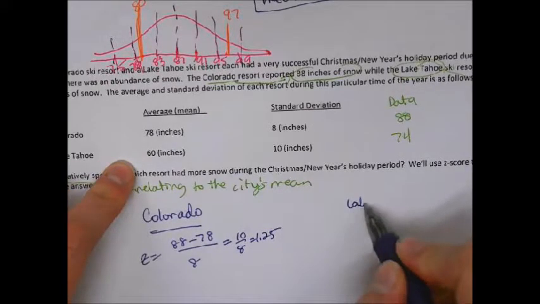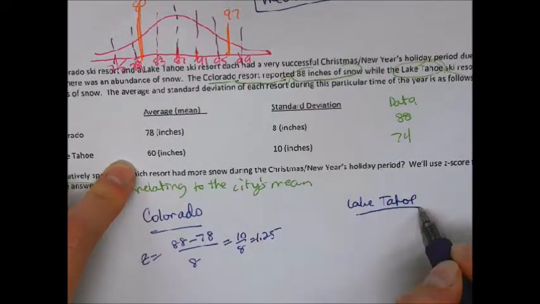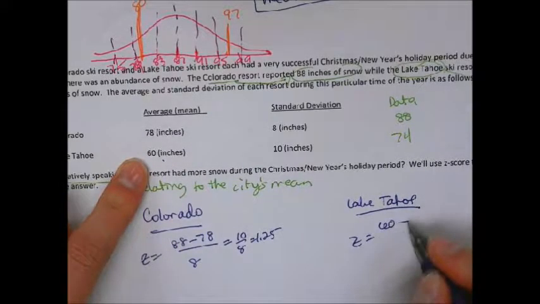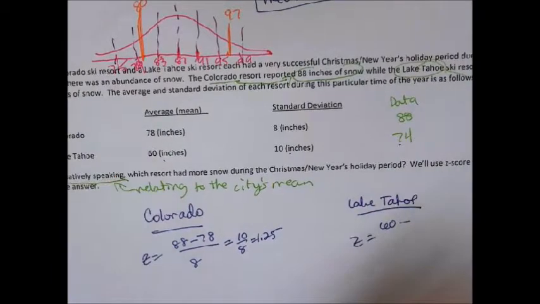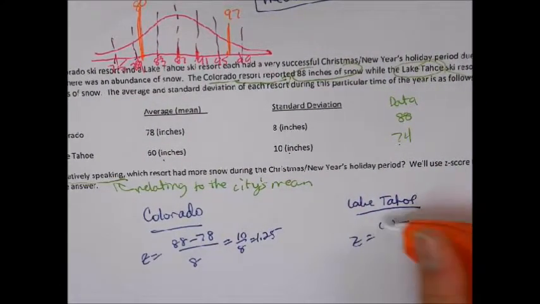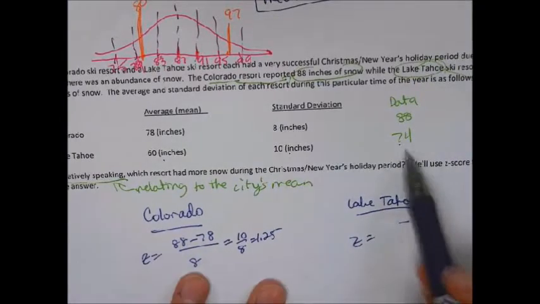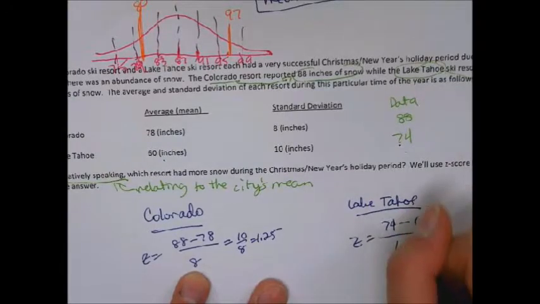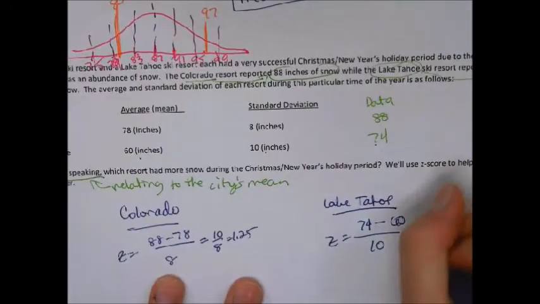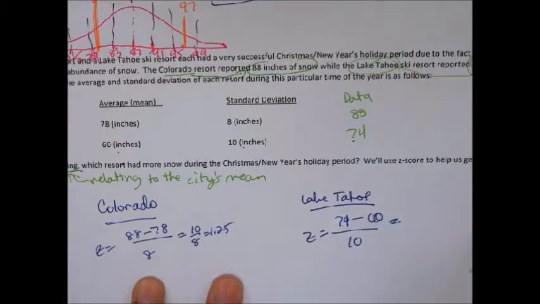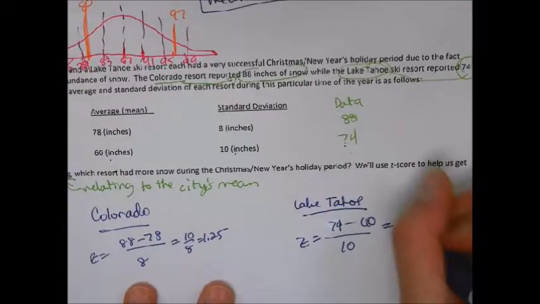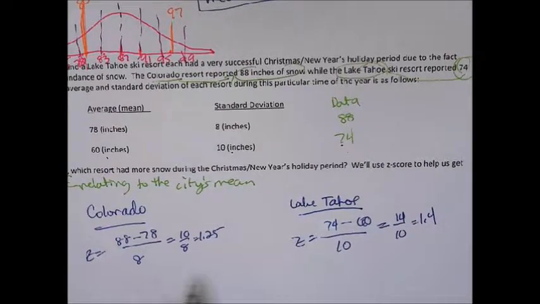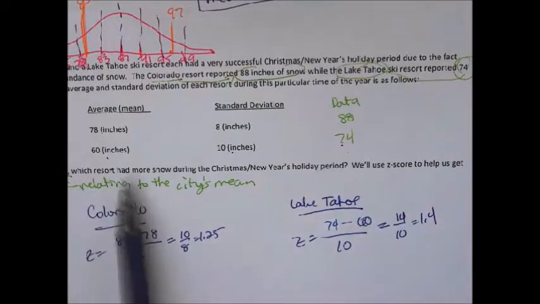For Lake Tahoe, the data is 74, the average is 60, and the standard deviation is 10. This is 14 over 10, this is 1.4. So, relatively speaking, which one had more snow?